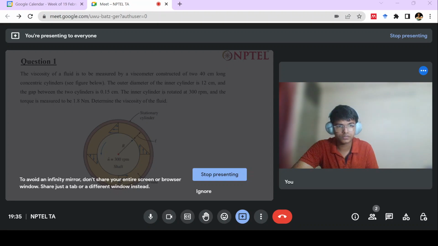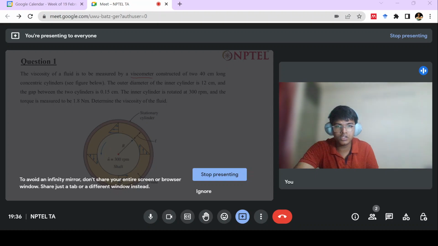Here it is given that the viscosity of a fluid is to be measured by a viscometer. So what is a viscometer? A viscometer is a device for measuring the viscosity of a fluid. The arrangement is represented in this figure.